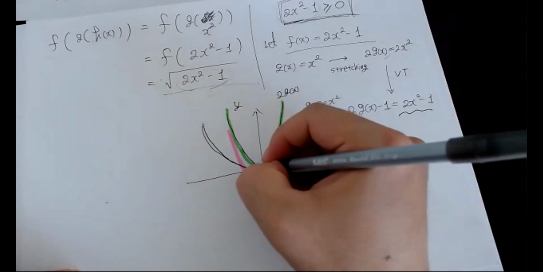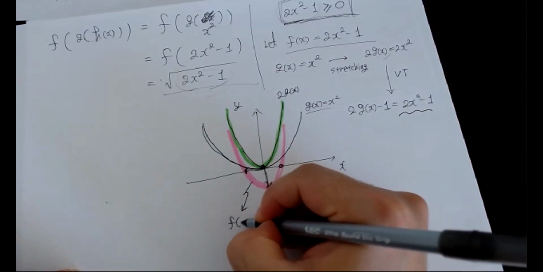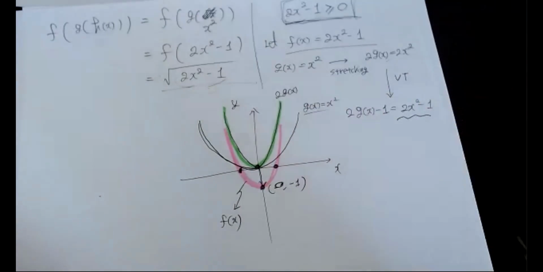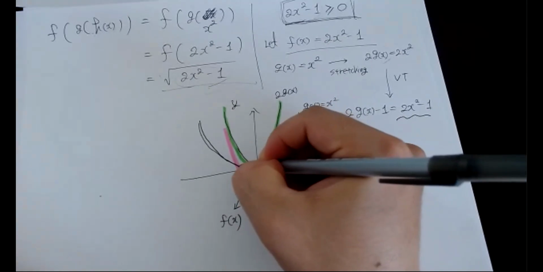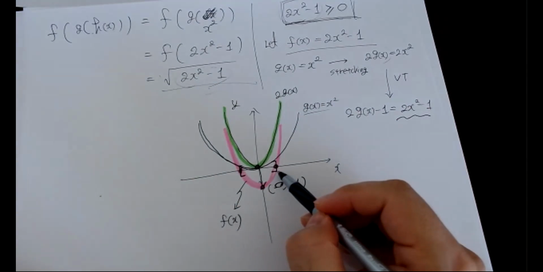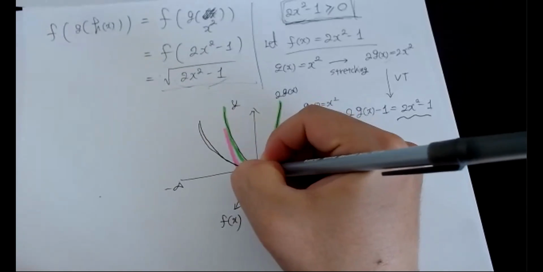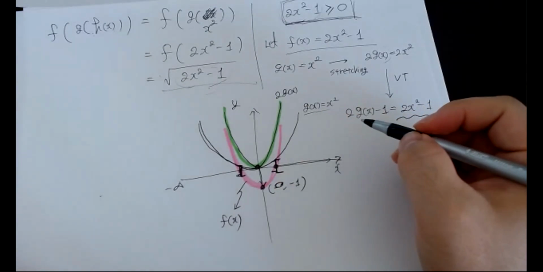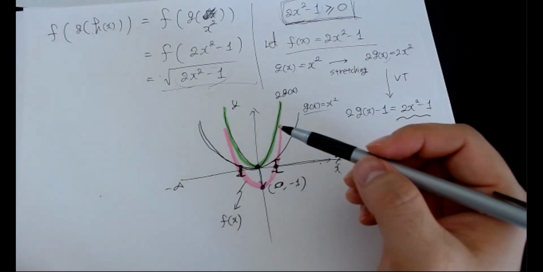As you can see, this is the graph of f of x. We need to figure out the x coordinates of those two intersection points, because from negative infinity to that closed point, a closed interval, and then that closed interval from that point to infinity, on those two intervals f of x is going to be positive.